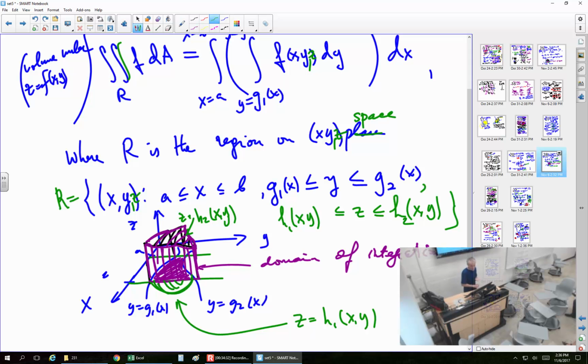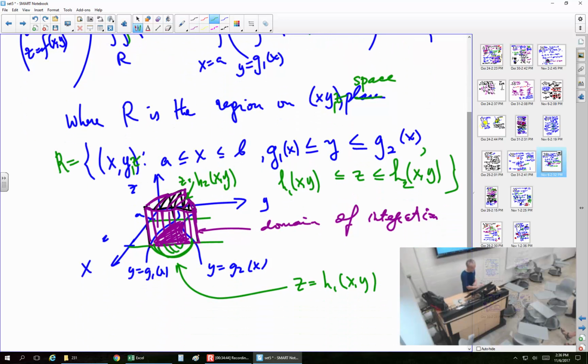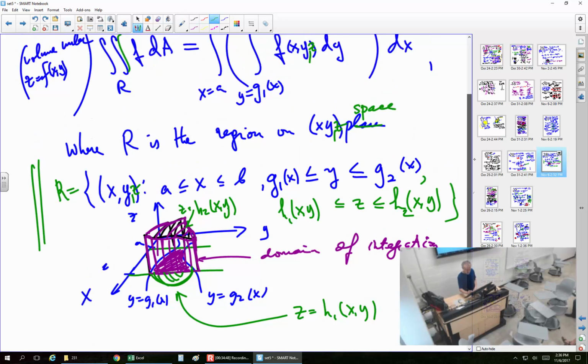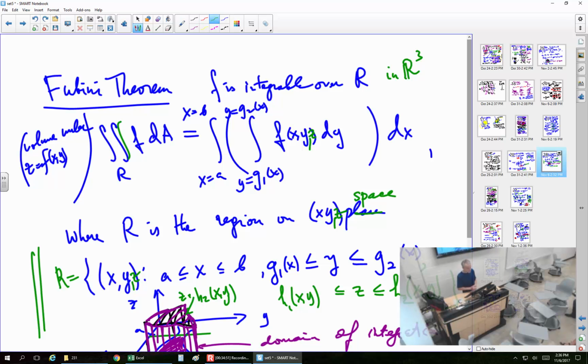The limits for z are then 2 surfaces from below and from above of our region, h1 of xy and h2 of xy. And then that creates an integral. Once this is established, which is the hard part, figuring out what the limits are, we just insert an extra integral on the right. I already inserted one on the left, and now I just do it on the right.